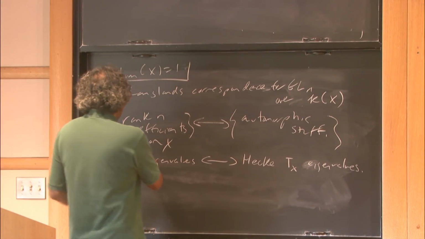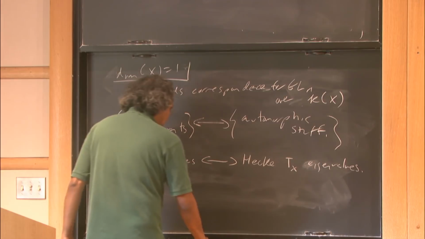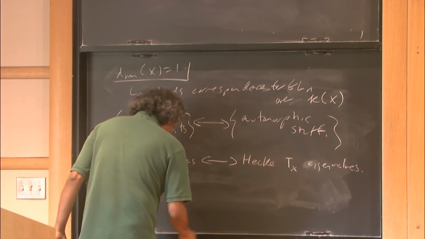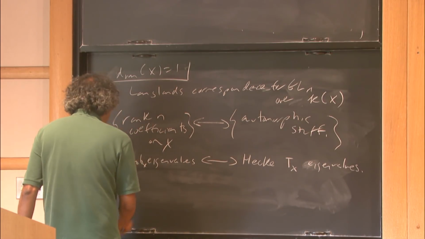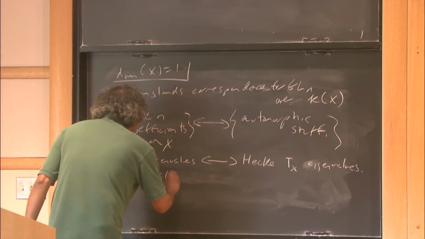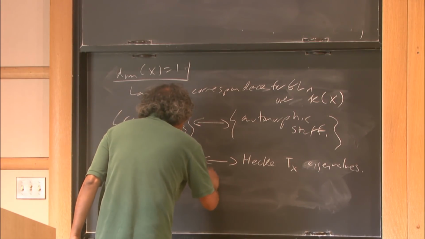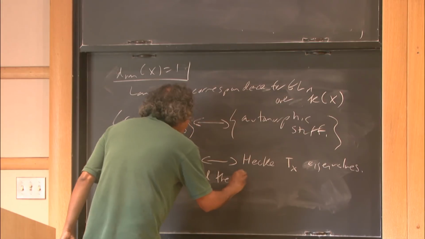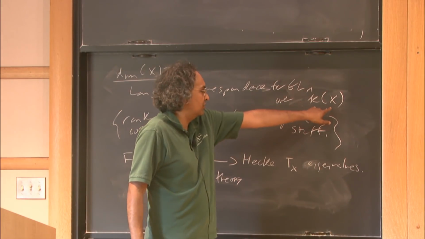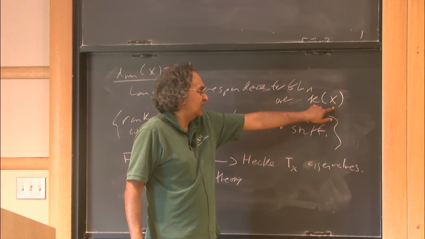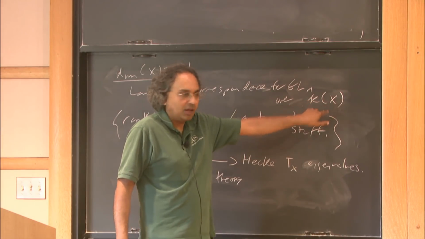So I should say, when l is not equal to p, well, maybe I should say first, when n equals 1, the Langlands correspondence is meant to specialize to class field theory, right? So this is a function field of transcendence degree 1, so class field theory applies.